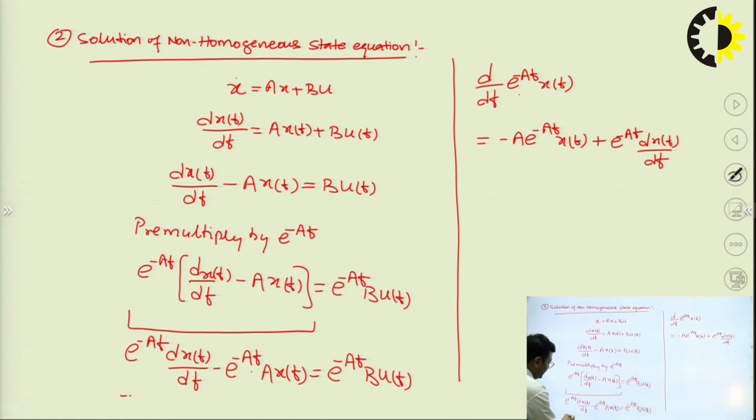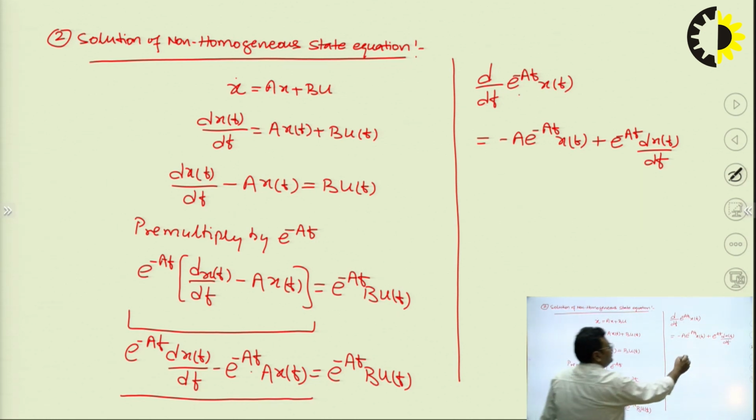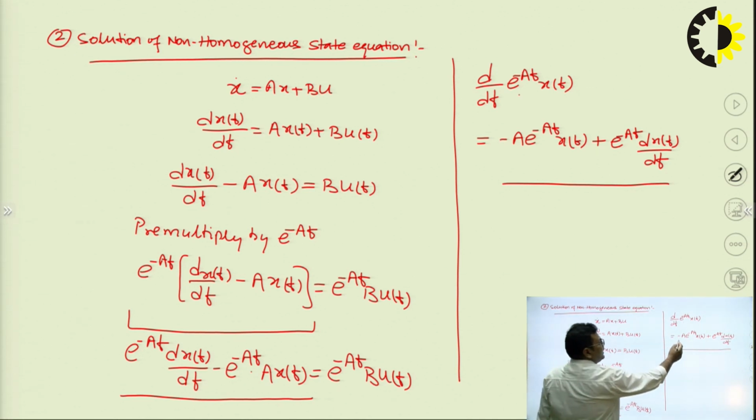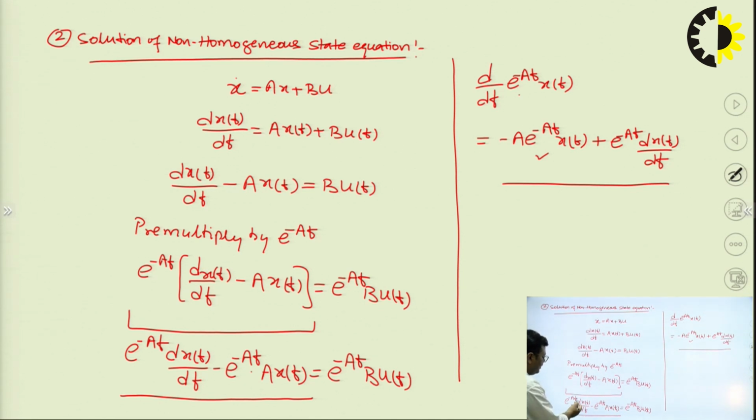So this term and this term, these two terms are equal, right? Here I have minus a e to the power minus at xt minus a e to the power minus at xt, then I have e to the power minus at dxt over dt, then second term is e to the power minus at dxt over dt.